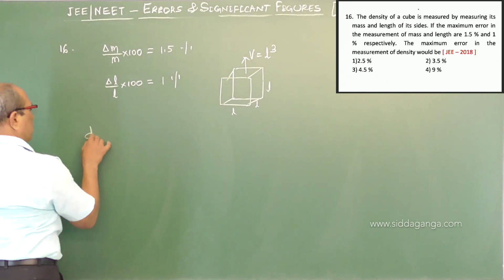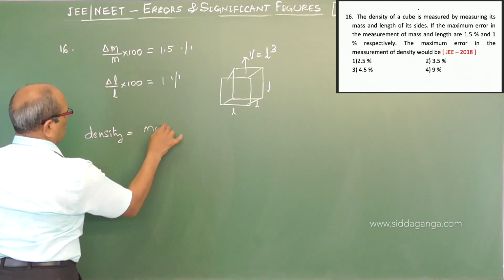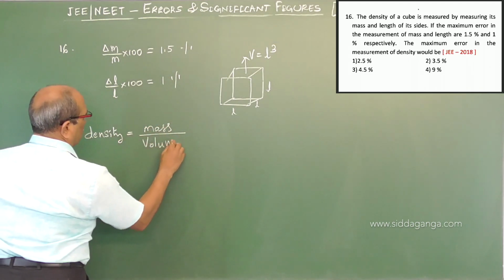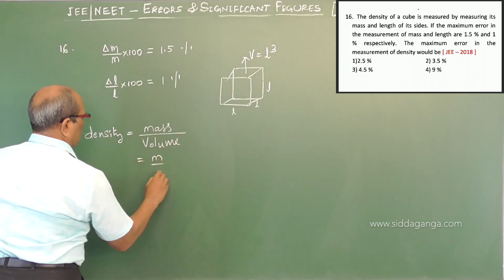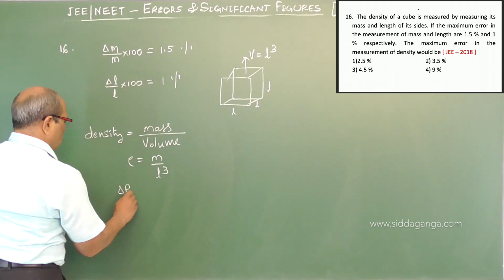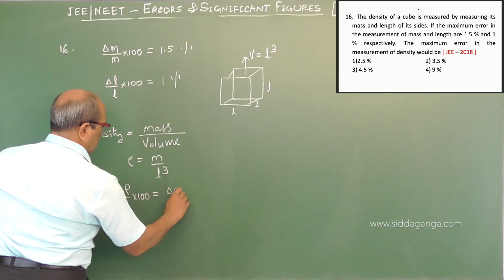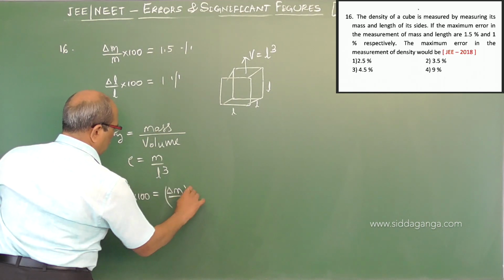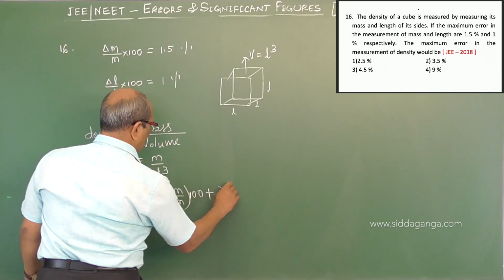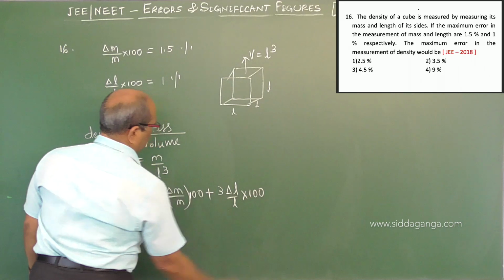Therefore, density is mass by volume, M by L cube, is rho. Delta rho by rho into 100 is delta M by M into 100 plus 3 into delta L by L into 100.